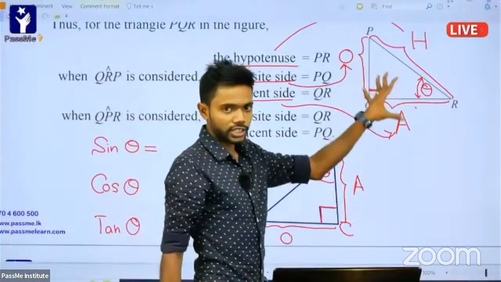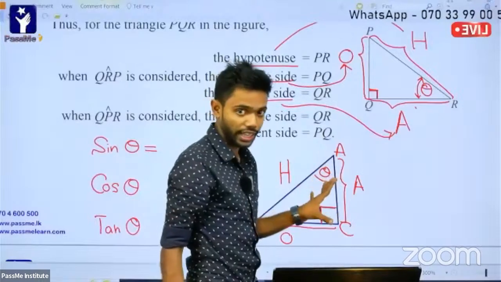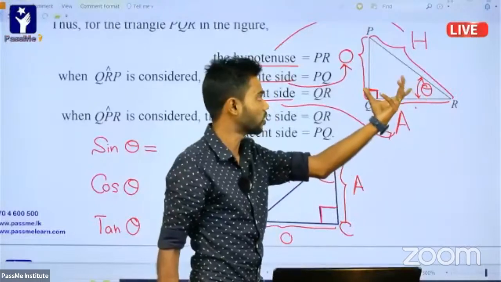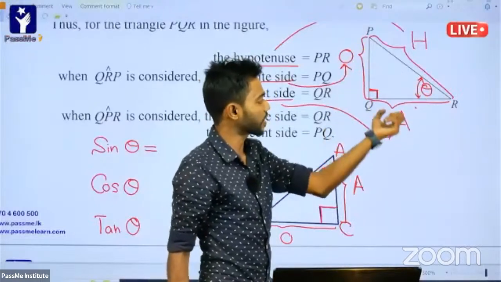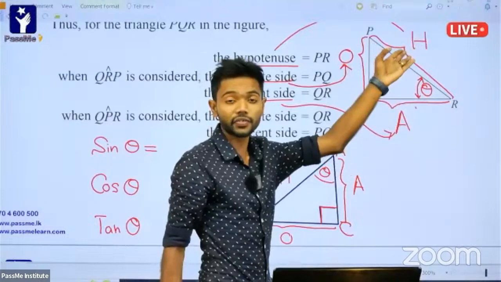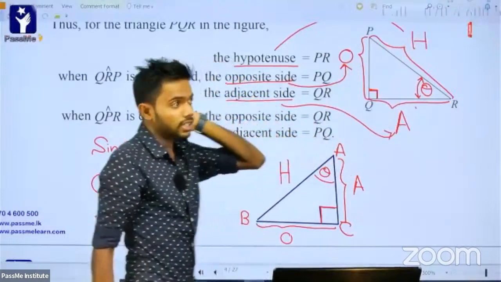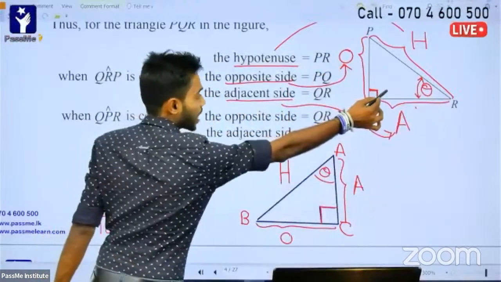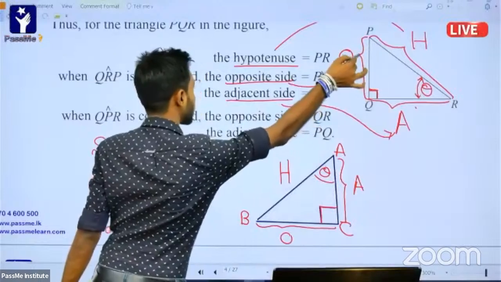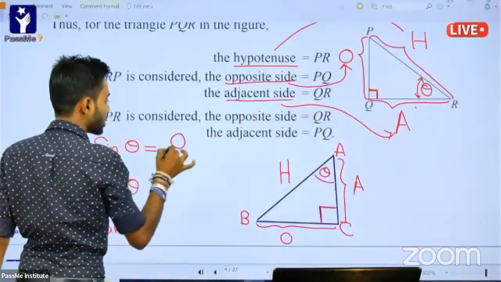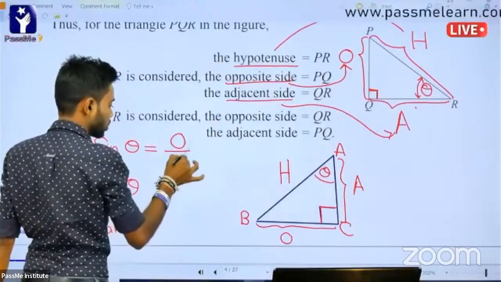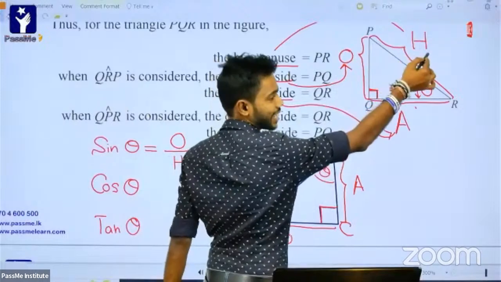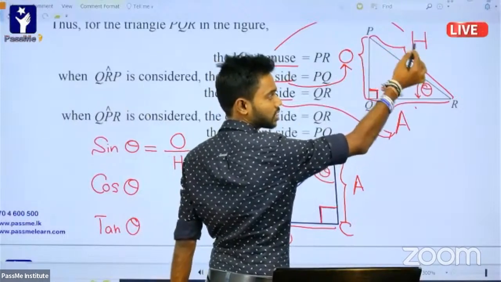So I'm taking this example. I'm focusing on this triangle now. Theta is here, the opposite side is here, the adjacent side is here, and finally the hypotenuse H is there. Now I want to write sin theta here. Sin theta is defined as the opposite side, O, divided by H. For example, this is 5 centimeter, this is 10 centimeter.